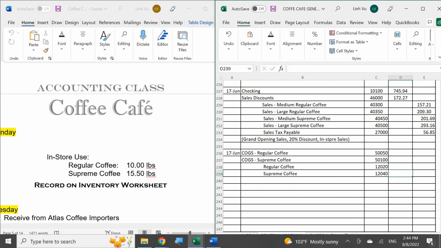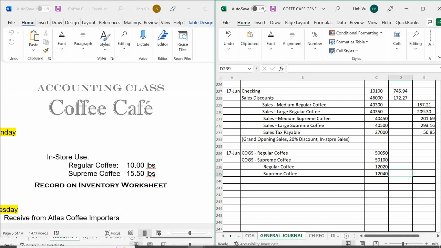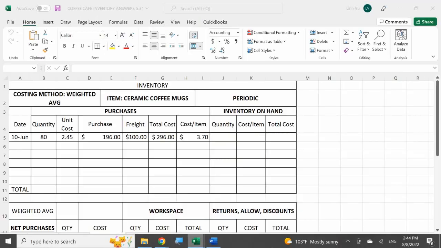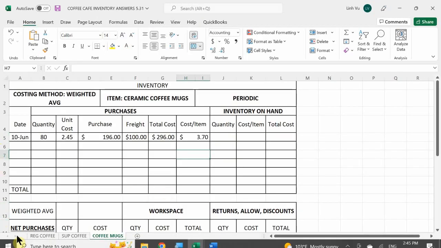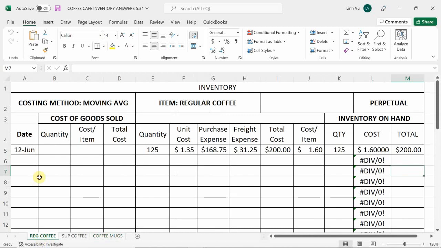Okay? Now in this case, I have to calculate what it cost me, right? So where am I going to go? I'm going to go to my inventory worksheet because that's where I can solve for my cost of goods sold. So let's go to my inventory worksheet for my regular coffee.